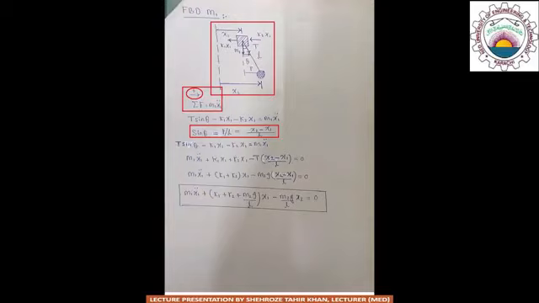So in the next step, by substituting the value of sine theta, we get m1 x1 double dot plus k1 x1 plus k2 x1 minus T into (x2 minus x1) upon L is equal to 0, or m1 x1 double dot plus (k1 plus k2 plus m2g upon L) into x1 minus m2g upon L into x2 is equal to 0.